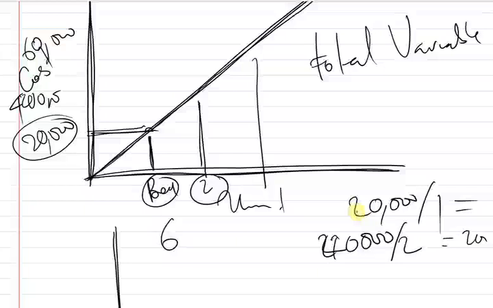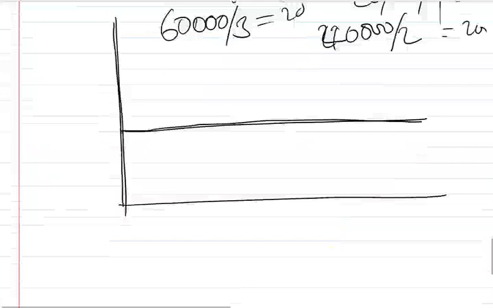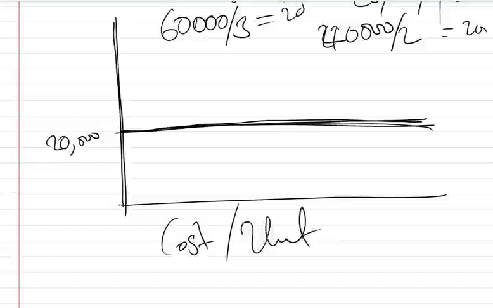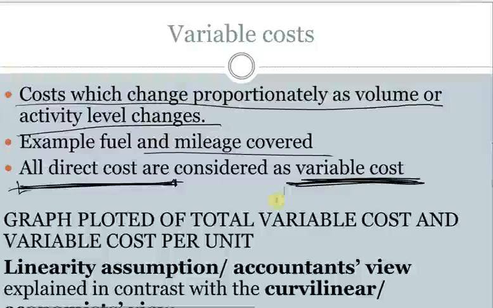Same applies to 60,000 for 3 beds, divided by 3 to be 20,000. So the cost per unit graph will always be a straight line. It won't change. This is cost per unit, while the other one was total variable cost. That's how the graph is supposed to look.